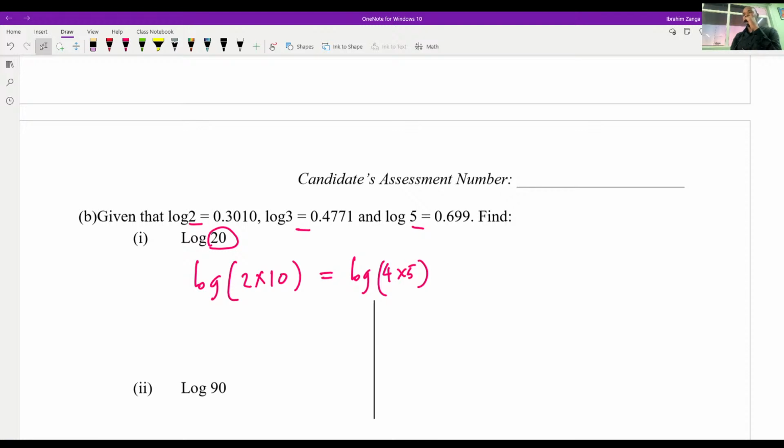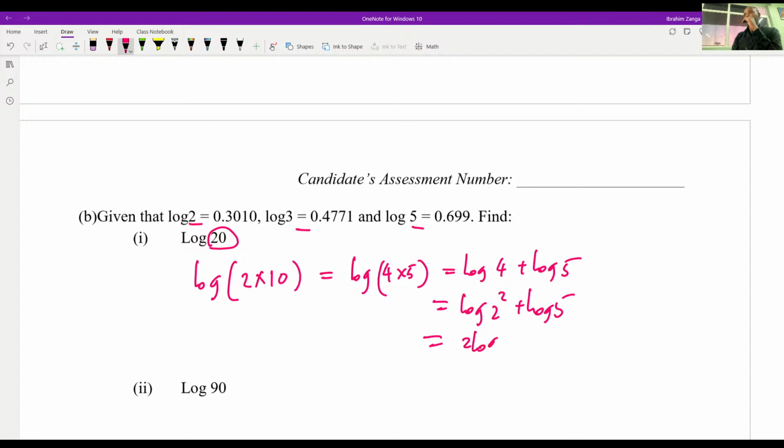So dear students, opening this we'll be having actually log of 4 plus log of 5. This is the same as log 2 squared plus log 5. And this is going to be 2 log 2 plus log 5.